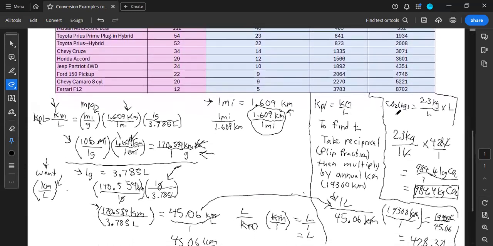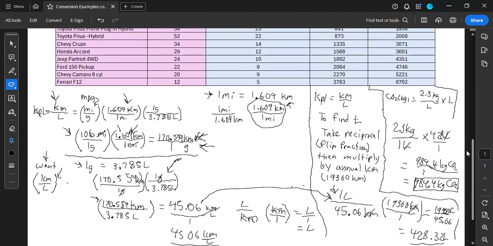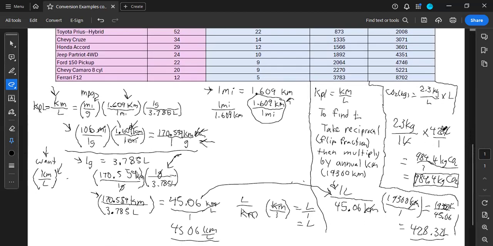And this is what we've done here below. The conversion factor is 2.3 kilograms over 1 liter times our 428 liters. Remember, we're multiplying fractions, so we have to put a 1 under the 428. And when we do that, we see that the liters on the top cancel out with the liters on the bottom. We're just going to end up with kilograms.